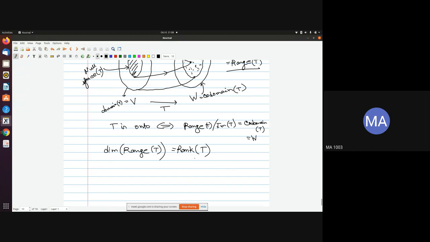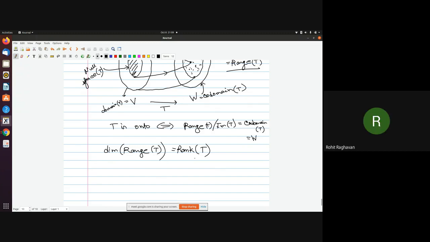Rank of a linear transformation. Got it? No, sir, I am unable to relate this rank. No, this is the definition. The dimension of the range space is called the rank. I am not explaining anything here. The definition of the rank of a transformation is the dimension of the range space. Understood?